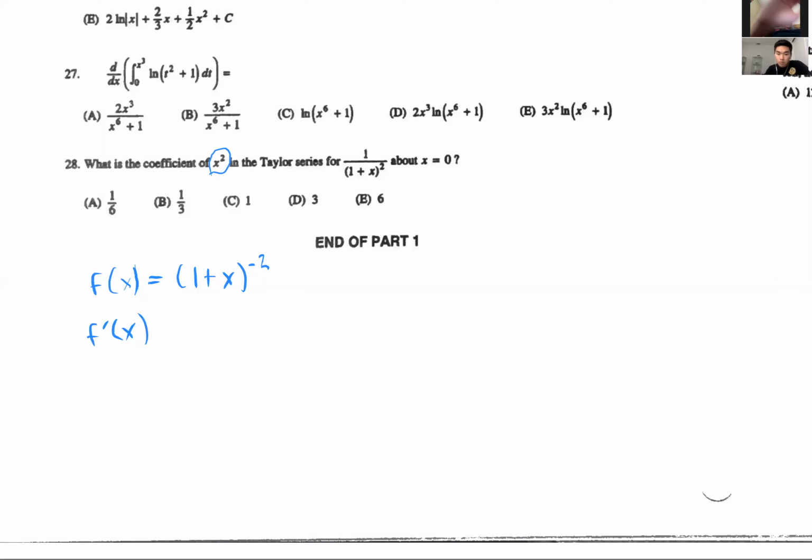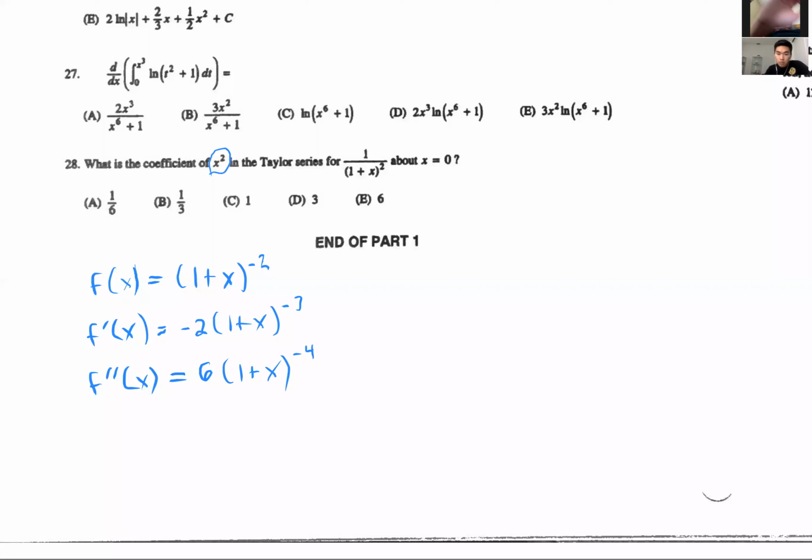So when I take the derivative of this, this is going to be -2 times 1 plus x, you subtract 1 from the exponent, you get -3. And for the second derivative, I bring -3 to the front, so I get 6 times 1 plus x. I subtract 1 from the exponent to get -4.